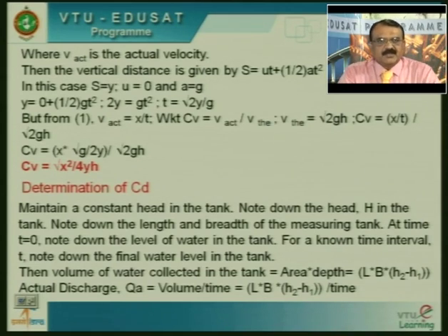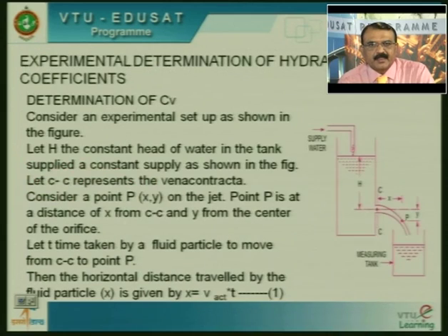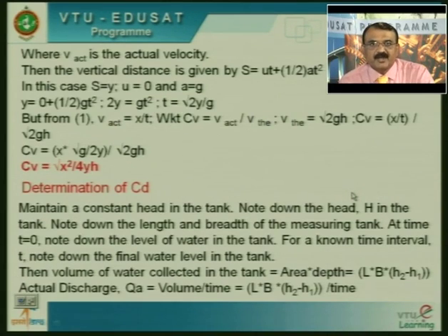Again I repeat, this Cv is equal to x square divided by 4yh. Now, in this equation, I made a mistake. The mistake I made here is, I represented the depth of water in the tank as capital H, whereas in the derivation I forgot to put it as capital H and I put it as small h.